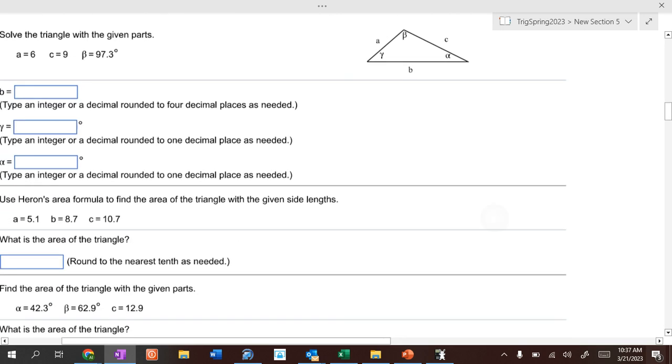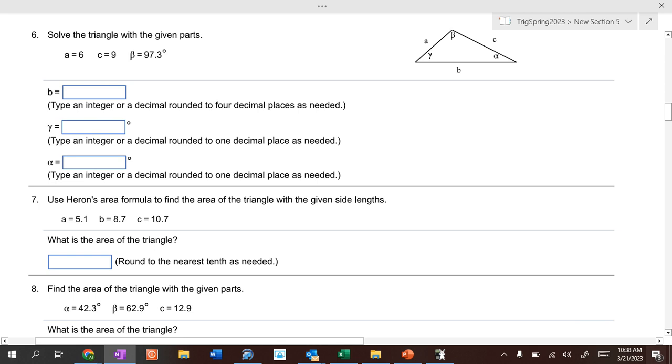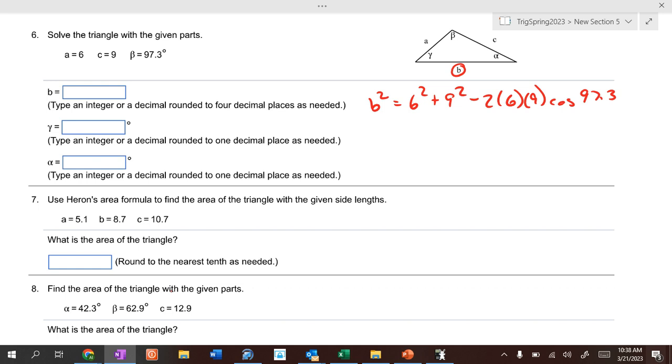Okay. The easier law of cosines is this. Why is it easier? Because when you're finding a side, you can type it straight into your calculator. So b squared equals a squared plus c squared minus 2ac cosine of 97.3.